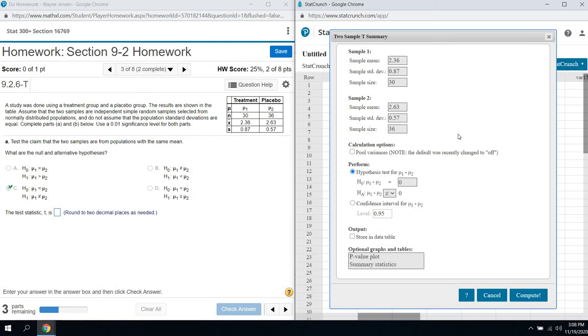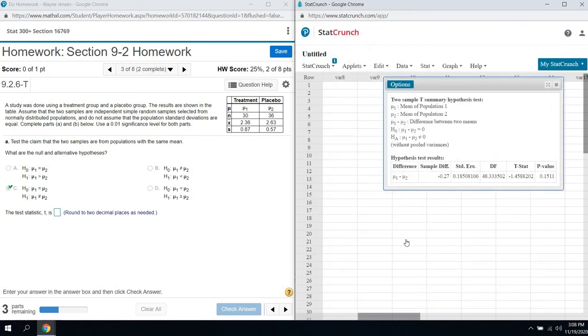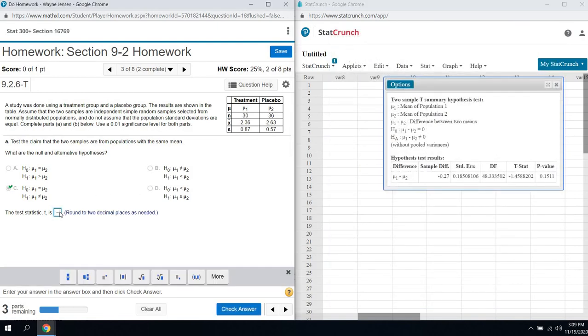Now the null hypothesis is always going to be mu1 minus mu2 is equal to 0 in StatCrunch, and then the symbol for the alternative hypothesis must match the symbol that we have. In this case it already is done, so we're ready to compute. And when we compute, we get a t-test statistic of negative 1.45. Actually 1.46, right? Because it would round up.